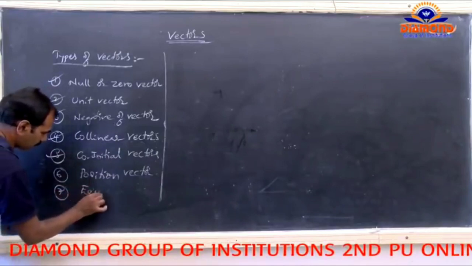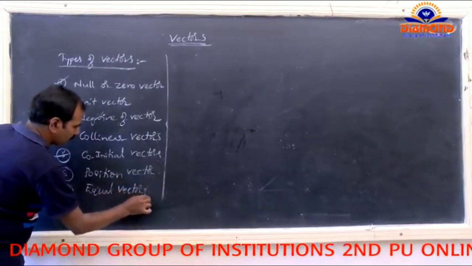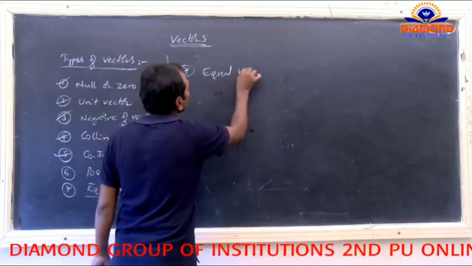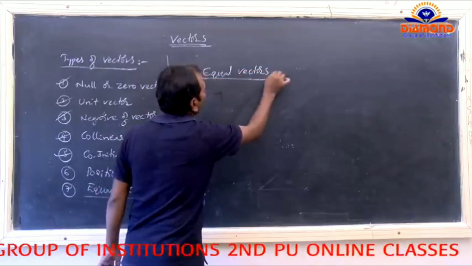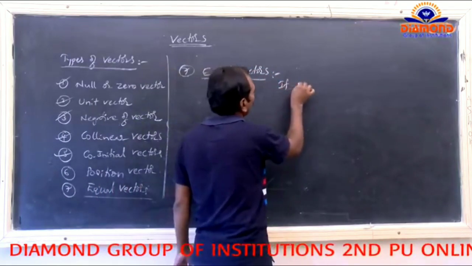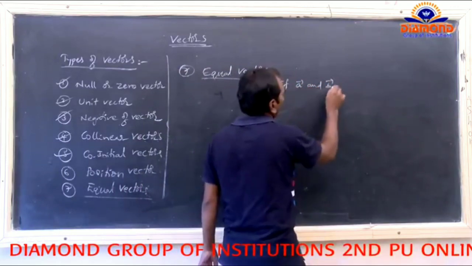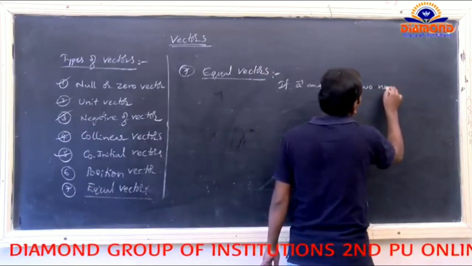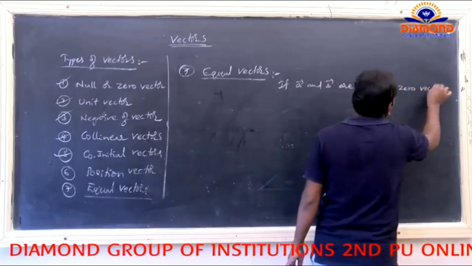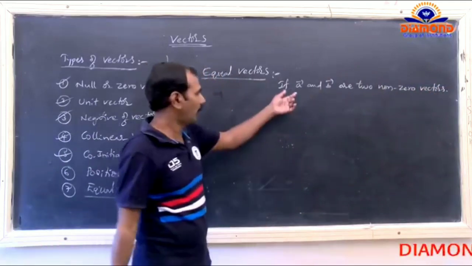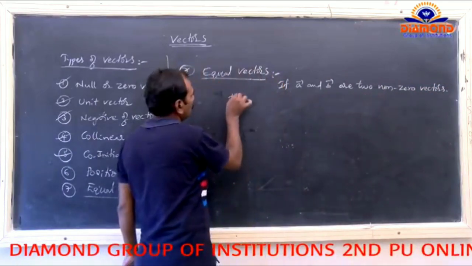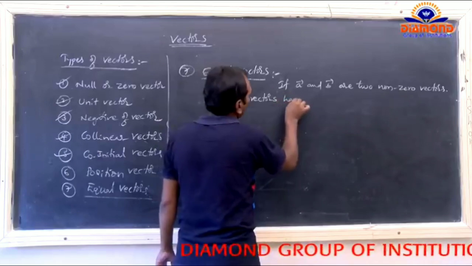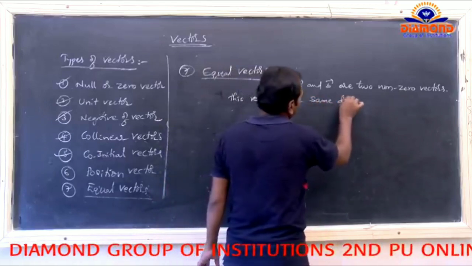After position vector, just another one is there: equal vectors. If A and B are two non-zero vectors, these vectors have the same direction.